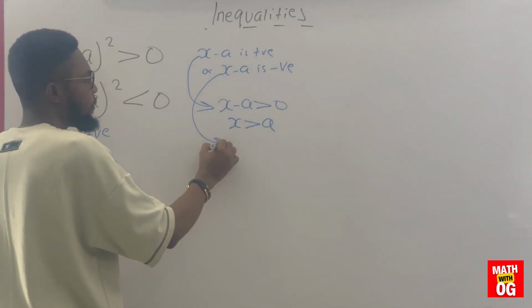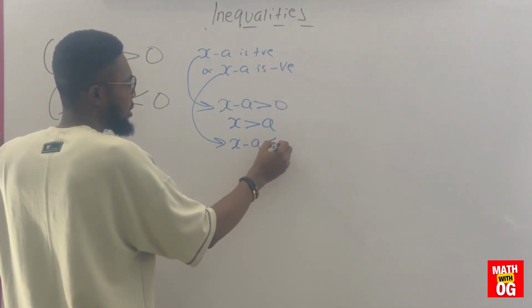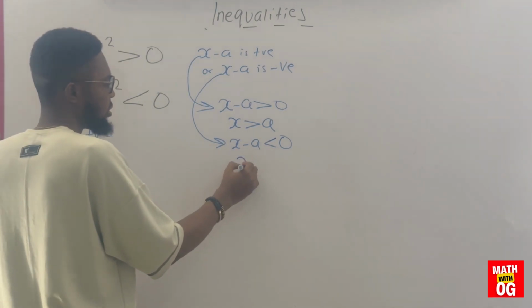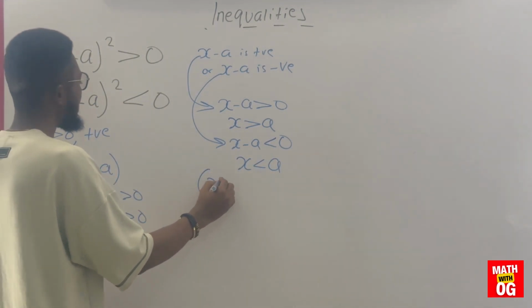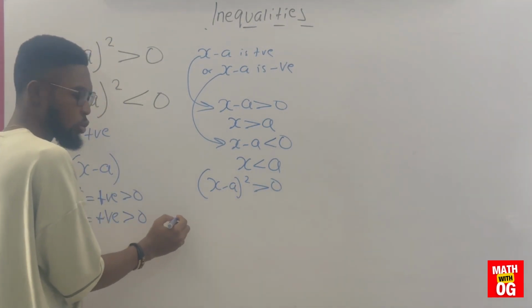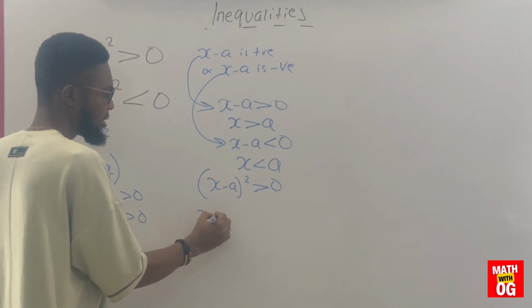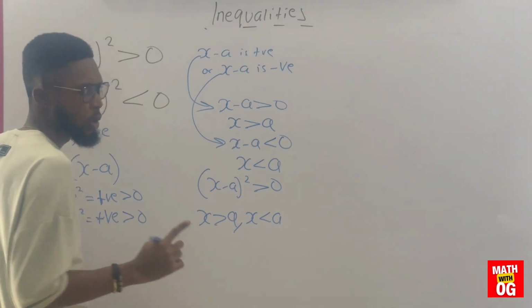Also, for x minus a to be negative, it means that x minus a must be less than 0, so therefore x is less than a. So whenever you have a question in this form, x minus a all squared greater than 0, the solution is that x is greater than a, comma, x is less than a, which makes sense.